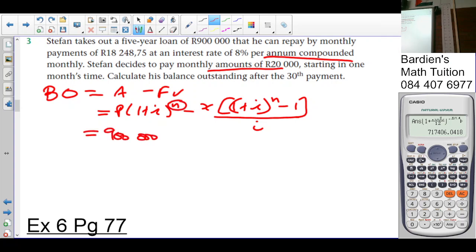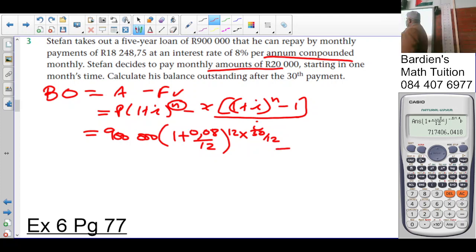So you've got 900,000 into 1 plus i, which is 0.08 over 12, to the exponent 12 times 30 over 12. Why? Because your n is your time in years. Not so? You will understand that part of the calculation.